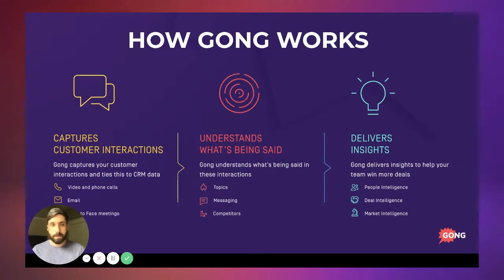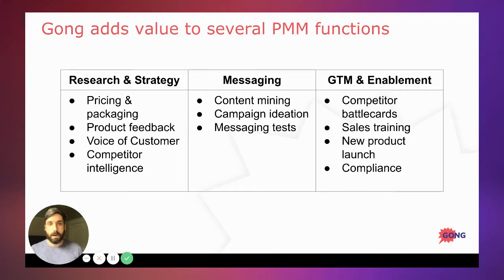But what does that mean tactically? Gong adds value to several PMM functions, whether it's just starting with basic research around the important topics that are critical to you in PMM, pricing and packaging, product feedback, competitive intelligence, to things like messaging inspiration, content mining, campaign ideation, and even running testing with different people and different personas for different messages.